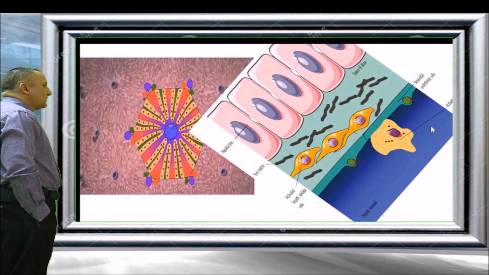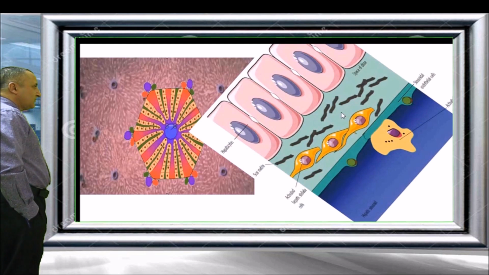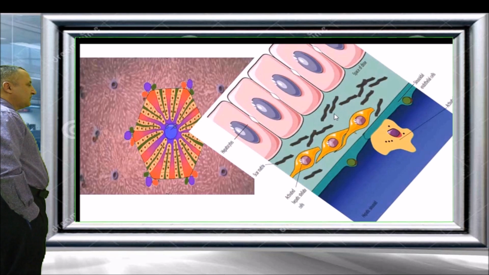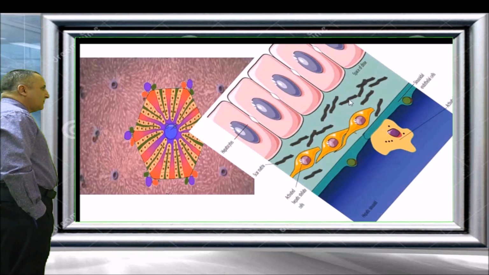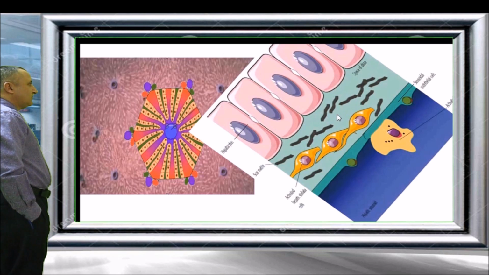This is the sinusoidal vessel. But between the sinusoids and the hepatocytes there is a space. This is the space, and this space is called the space of Disse.